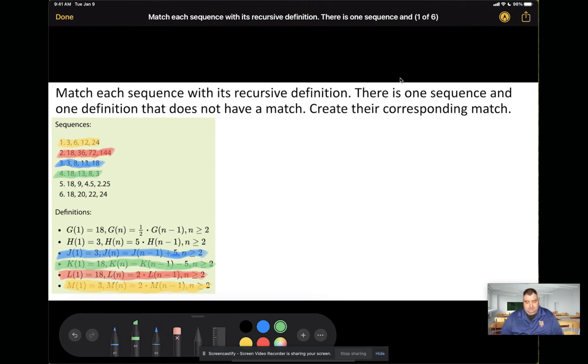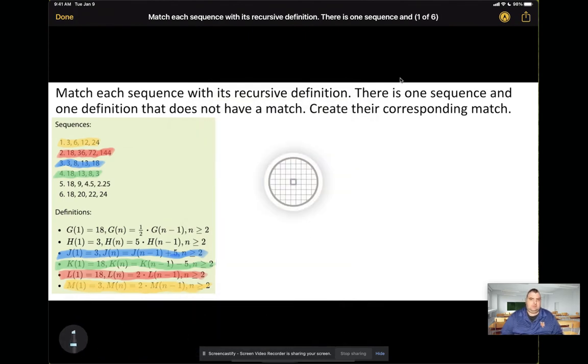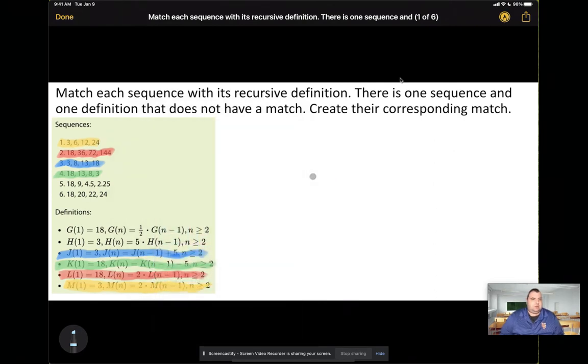Number 5, let's look at that. So 18, 9, 4.5, and 2.25. This looks like we're halving, because half of 18 is 9, half of 9 is 4.5, half of 4.5 is 2.25.